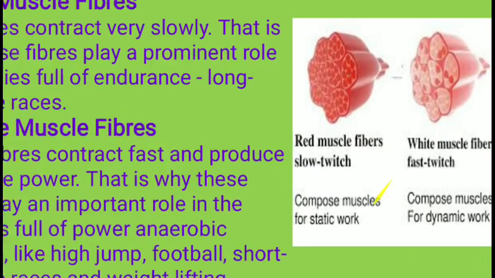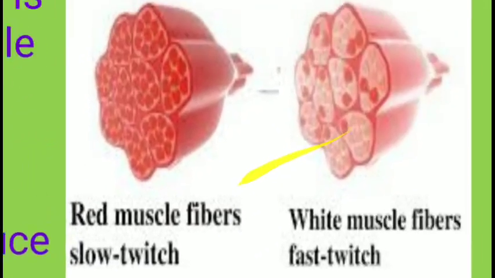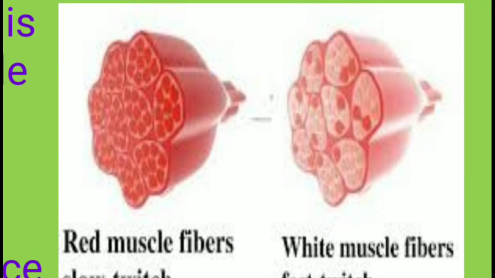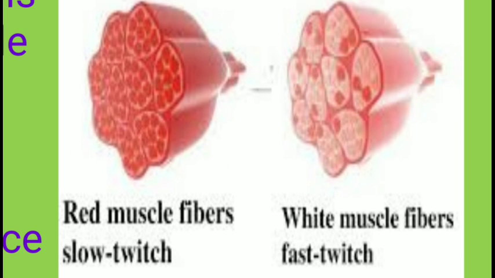So here is a picture. Let's understand with the help of the given picture. You can see there are bundles of this red color inside this muscle. This is one of the muscle fibers, and internally you can see the red color. These are considered red muscle fibers. They are considered slow twitch because a good supply of blood continuously flows for a longer time period.